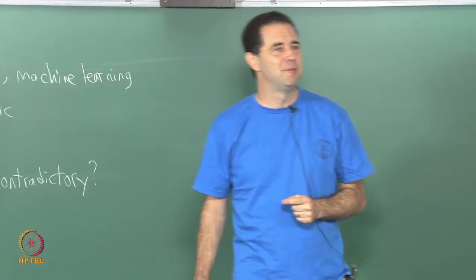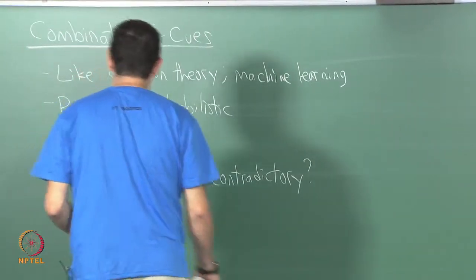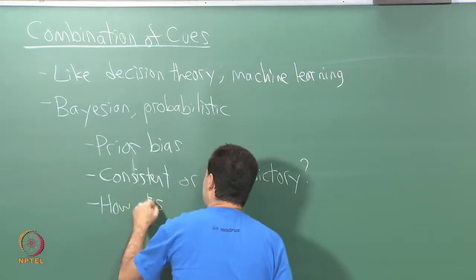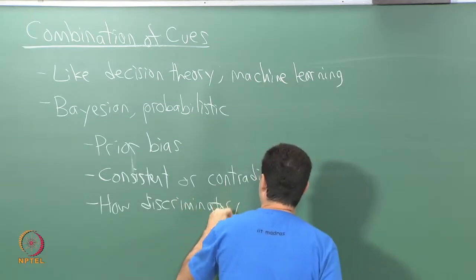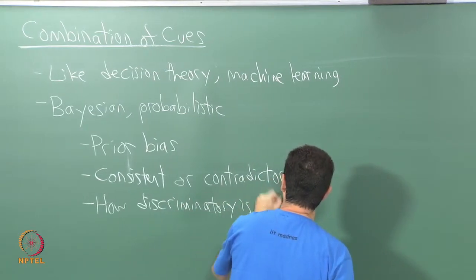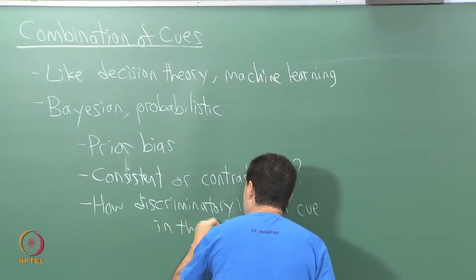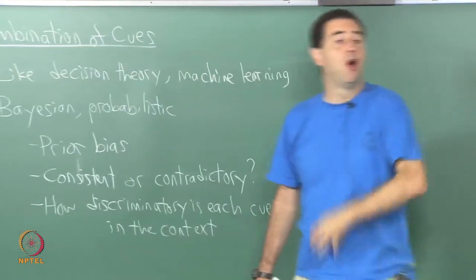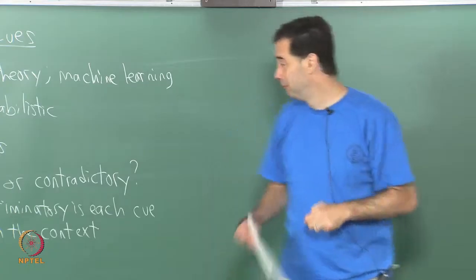And this causes some significant amount of confusion. Right. So how useful or how discriminatory, let's say, is each cue in the context? Context could be in combination with all of your other senses and your memory of what places like whatever you're seeing have appeared like before, right?